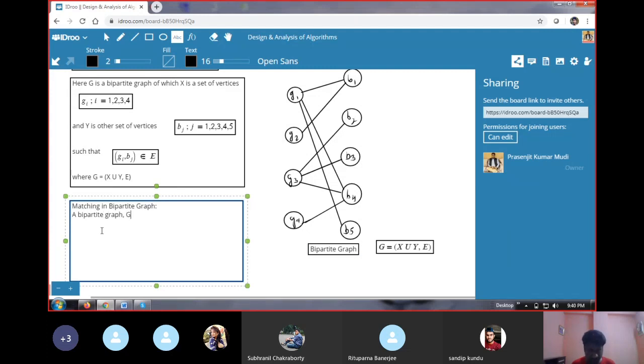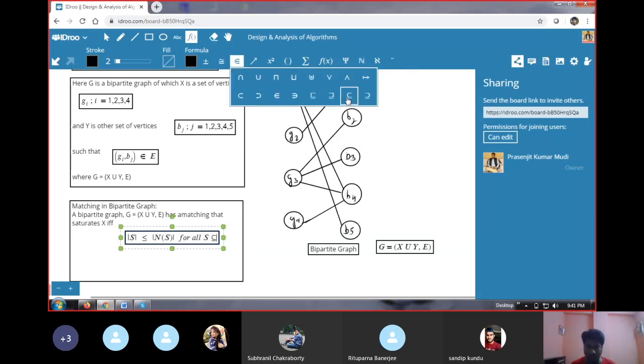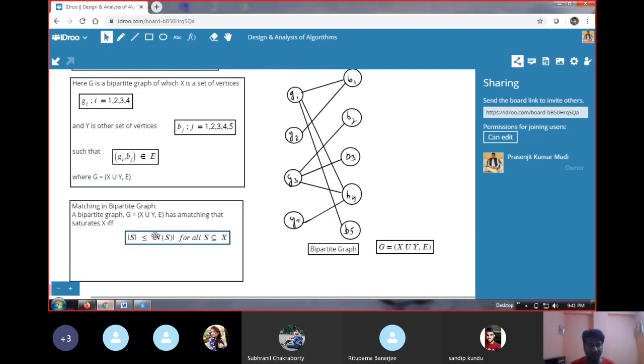Bipartite graph equal to X union Y has a matching that saturates X if and only if the cardinality of S is less than or equal to the cardinality of N of S, for all S subset of X. So this is the definition of a matching.